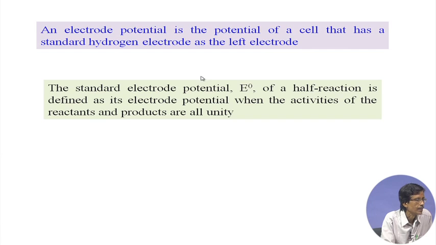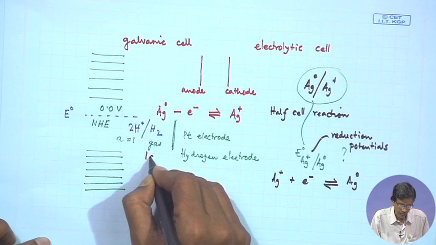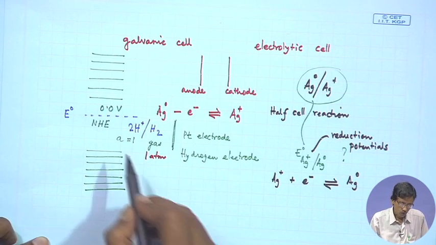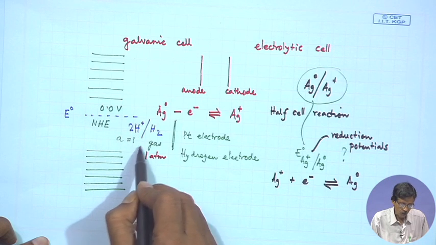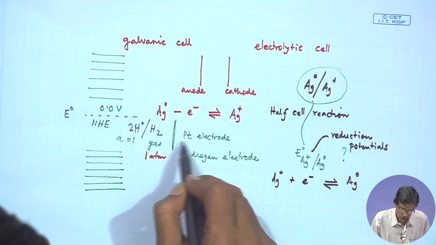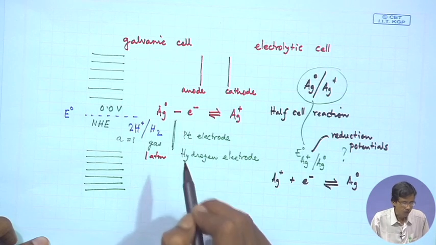A half reaction E0 is defined as the electrode potential when the activities of the reactants and products are all unity. That means this hydrogen gas, if we consider this as the hydrogen electrode, is at 1 atmospheric pressure. So, this has an activity of 1 and the hydrogen gas is bubbling on the platinum electrode surface at a pressure of 1 atmosphere.